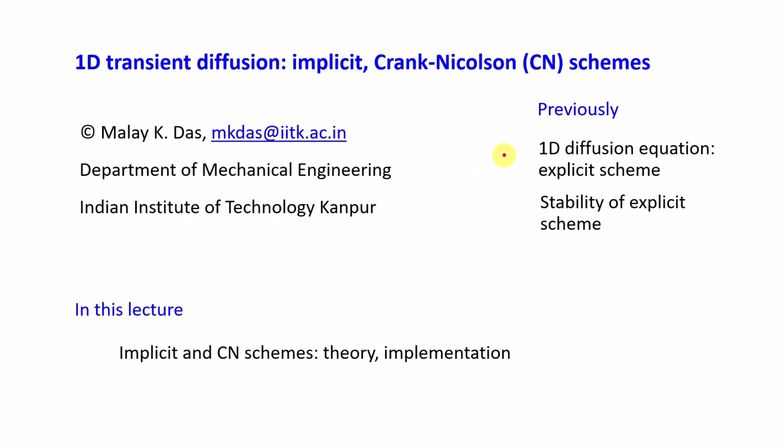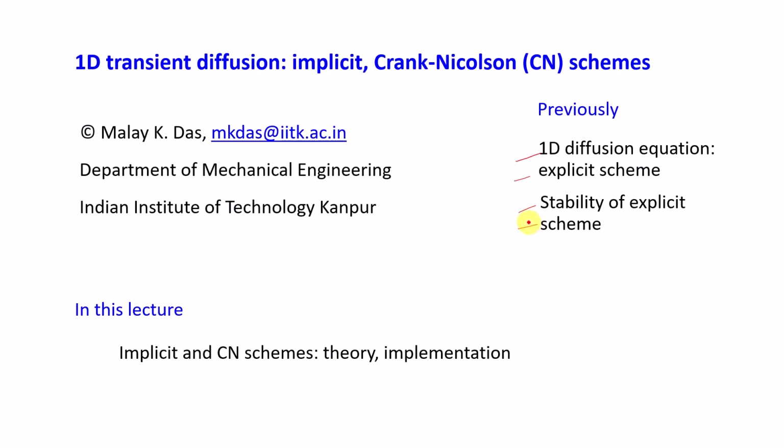In the last few lectures, we have discussed the one-dimensional transient diffusion equation and its solution using the explicit scheme. We have also discussed the issue of stability in the explicit scheme, and we have seen that the scheme is conditionally stable.